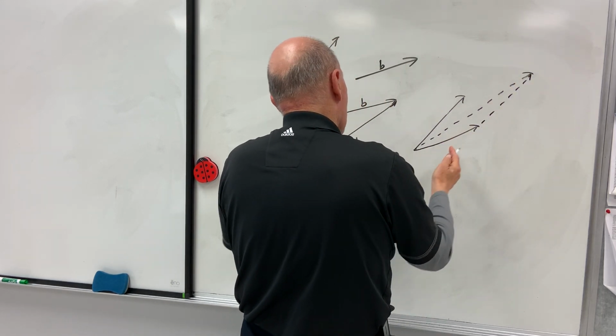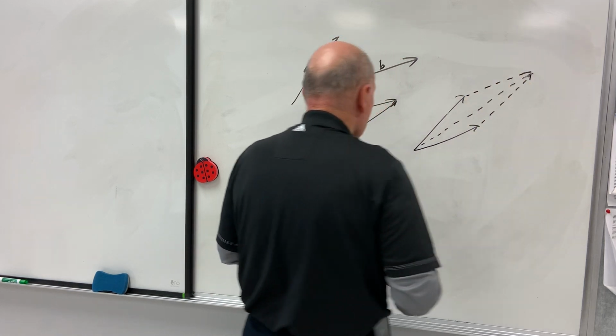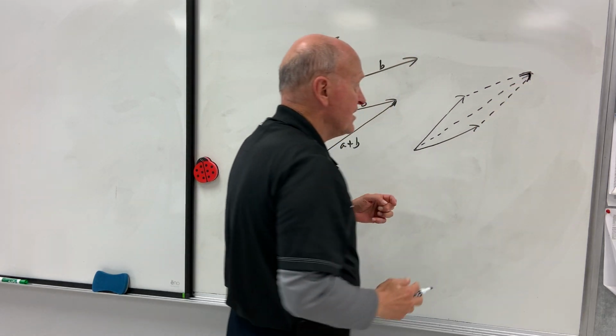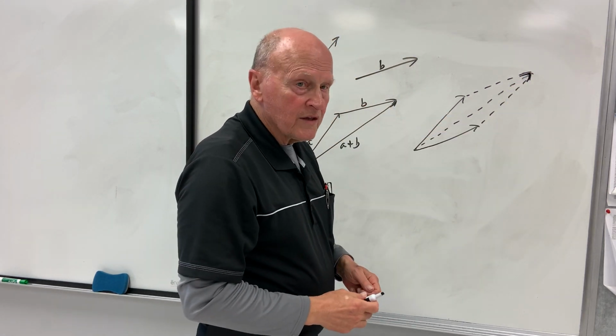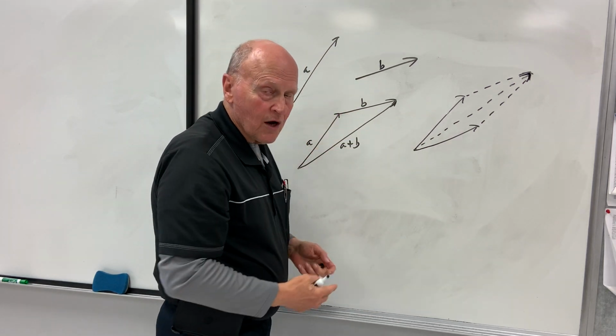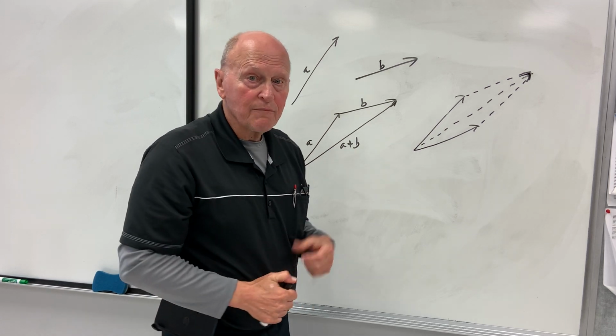Or the same way, they could take this vector and place it here. We end up at the same place if we do it this way. I like this way. To each his own. Both ways of thinking of it get you to the same place.